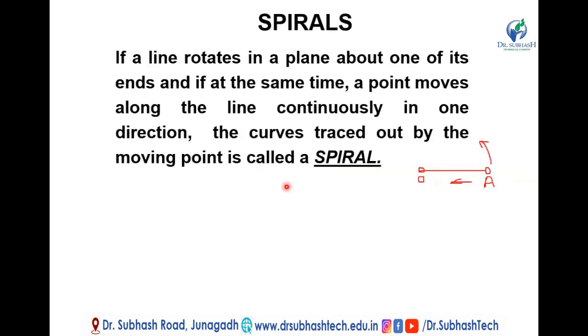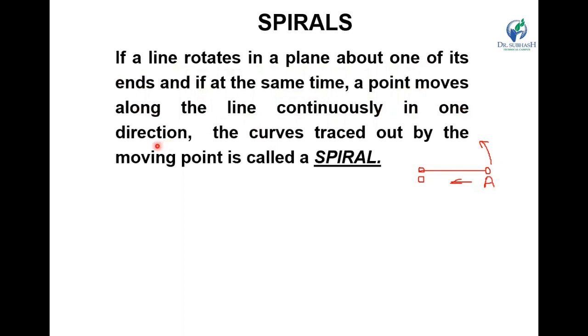A spiral: if a line rotates in a plane about one of its ends, and at the same time a point moves along the line continuously in one direction, the curve traced out by the moving point is called a spiral. For example, take a line OA moving about this point O in this direction.